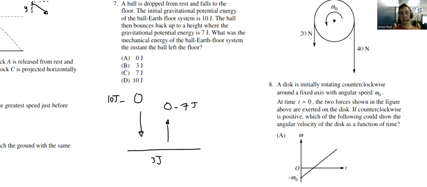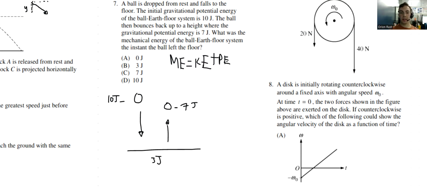What is the mechanical energy of the ball-earth-floor system the instant the ball left the floor? So mechanical energy is defined as potential energy plus kinetic energy. I'll write it as this, ME equals KE plus PE.